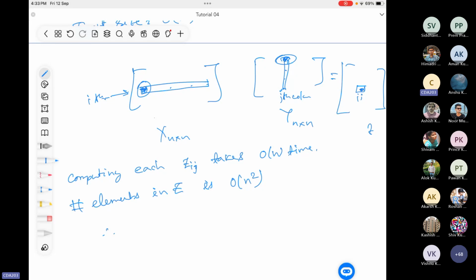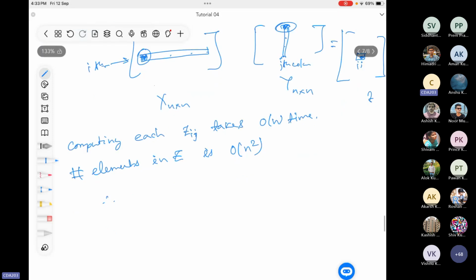So there are n multiplications happening in here. That's why determining Zij takes order n time, and the number of elements in Z is order n square because it's an n cross n matrix. So the total running time is order n cube.